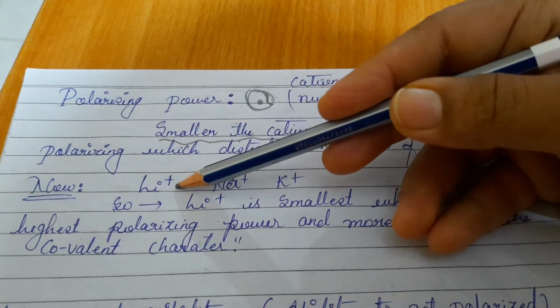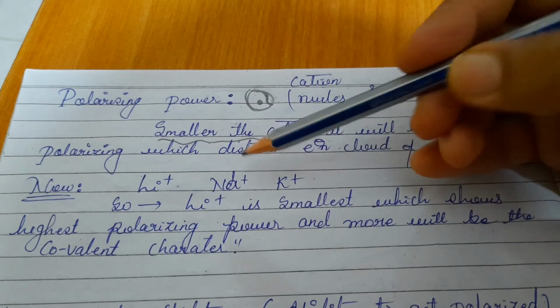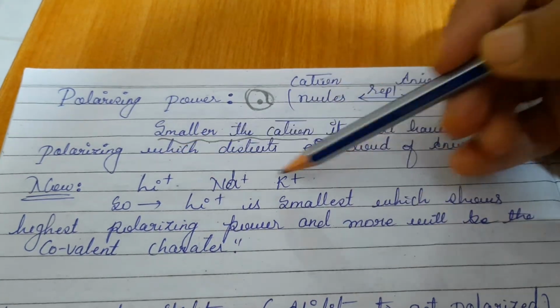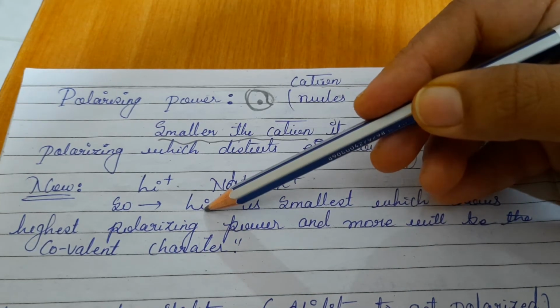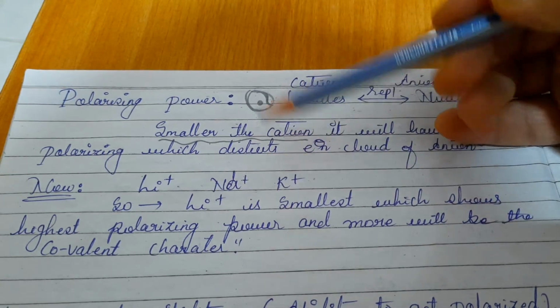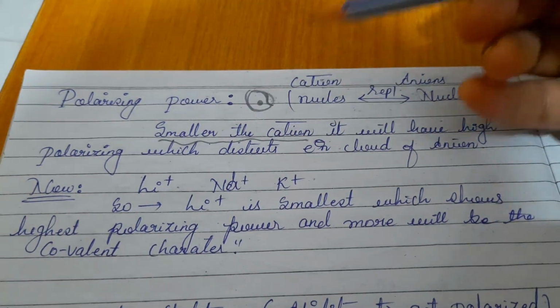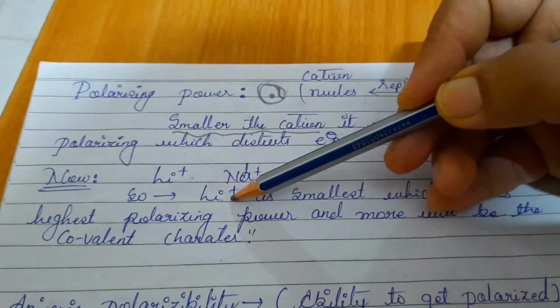See here, I have lithium, I have Na plus and I have K plus. Which one will have the smallest size out of these three? Lithium comes first, because hydrogen, helium, lithium, beryllium, boron, then comes sodium, then potassium and so on. If you consider lithium, Li plus, it has lost one electron here.